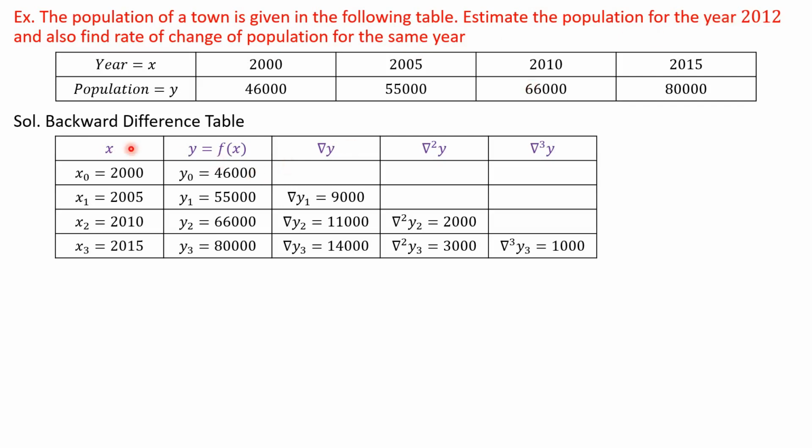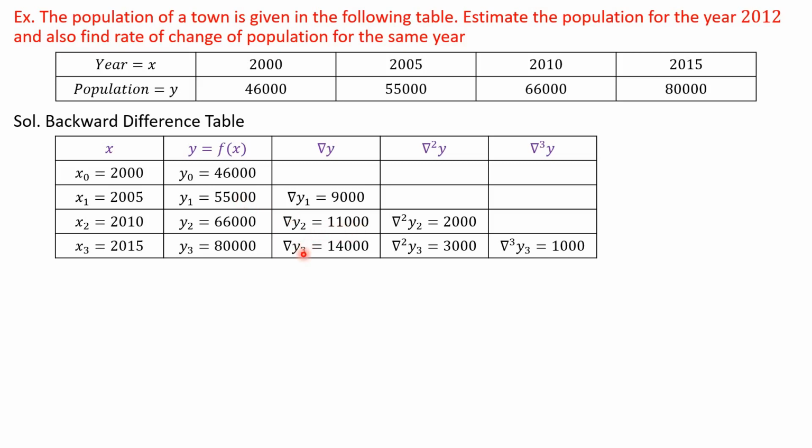Let's first find this backward difference table. The first column will contain all the values of x, the second column will contain the corresponding values of y. Then del y1 is y1 minus y0, that is 55,000 minus 46,000, which is 9,000. Del y2 is y2 minus y1, which is 66,000 minus 55,000, which is 11,000.